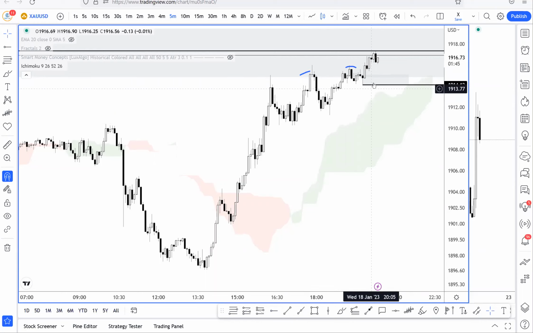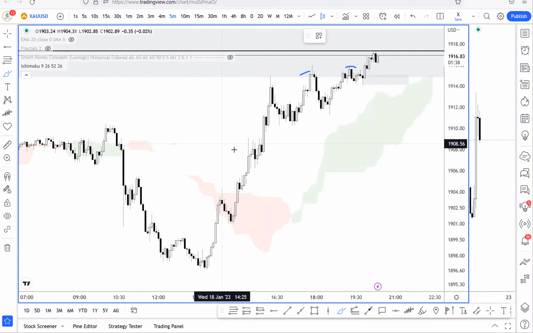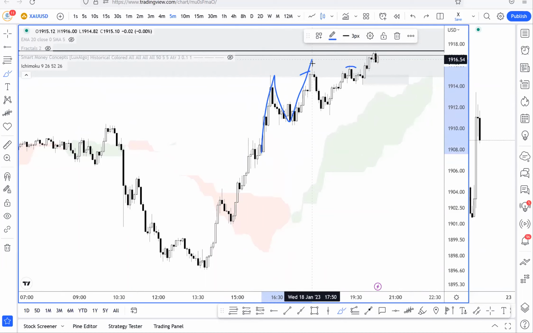If you want to be even more conservative, you can see that this whole leg, if you mark it out in terms of structure, is a high, price pulls back, forms a new high, pulls back, and right now we're seeing a further push up.